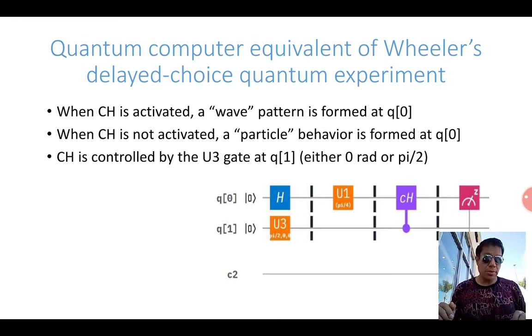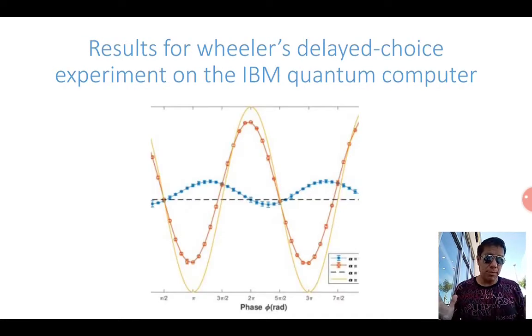And if you plot the results for different phase values, you get the exact same pattern, right? This looks like the pattern that was obtained before. So notice you have a blue flat line. It should have been really flat, but as you can see, it doesn't come out exactly flat. It's a little curvy, but this one definitely is a curve.